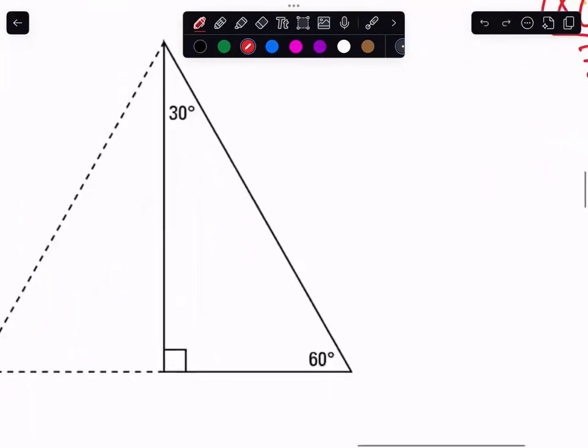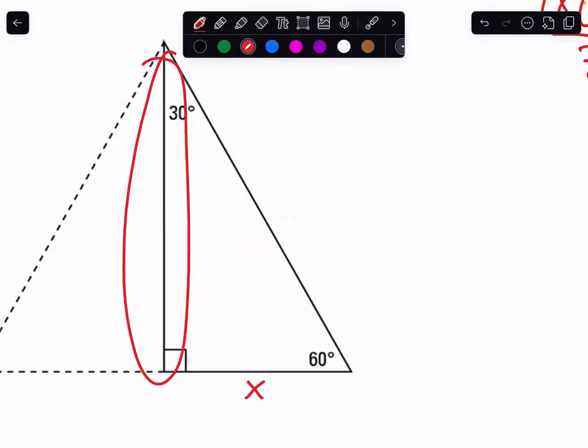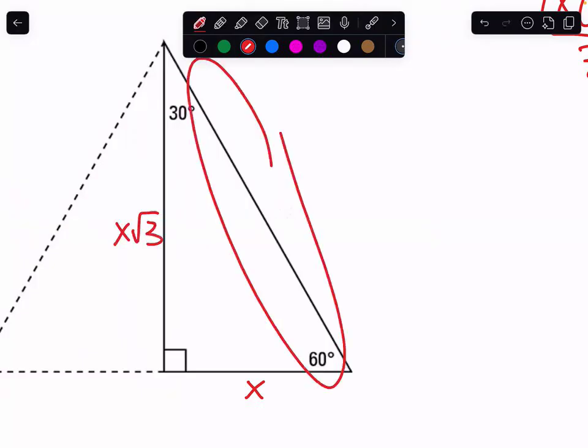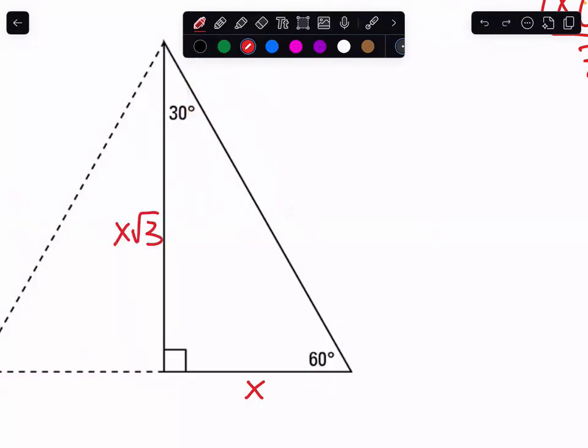Okay, so this bottom side length, if we call that x, we saw that the medium side is x times radical 3, and the hypotenuse opposite the right angle is 2x. Sometimes it's hard to tell which side is longer.